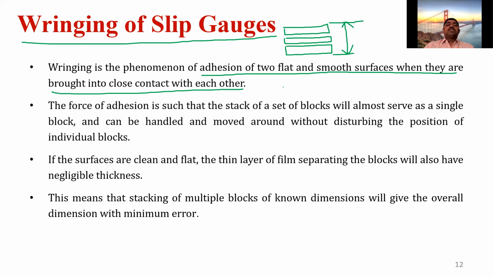So in this ringing process, what happens? The two cleanly, highly ultra lapped surfaces create a cohesive force between the molecules, so that causes the adhesion of the two blocks, which almost serve as a single block and can be handled and moved around without disturbing the position of the individual blocks.